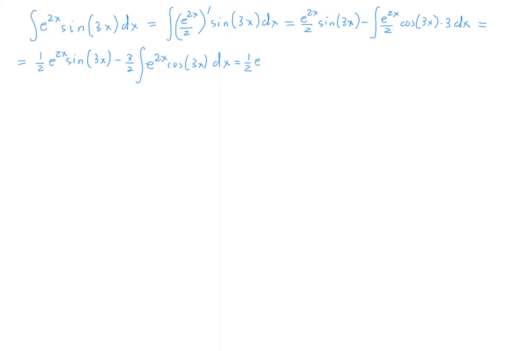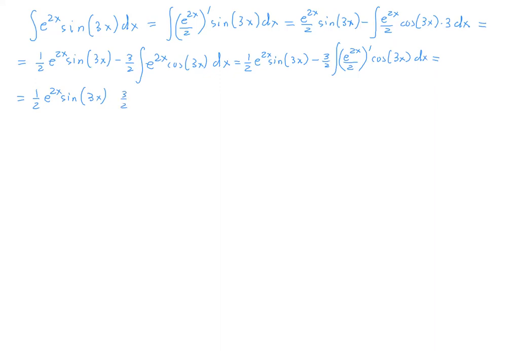So this is 1/2 e to the 2x sine of 3x minus 3/2, and now we acknowledge that this is the integral of e to the 2x over 2 derivative times cosine of 3x dx, which is 1/2 e to the 2x sine of 3x minus 3/2.